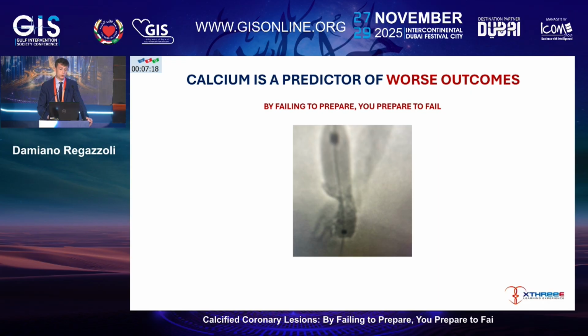Because the thing that we want to avoid is doing something like this, to implant a stent in a non-prepared lesion and to end up having subacute stent failure and having potential complications even in the subsequent revascularization for correcting stent underexpansion. So the key point is that when we have to tackle calcific lesions, that is an aggressive disease, we have to be ready to perform aggressive lesion preparation, aggressive therapies.